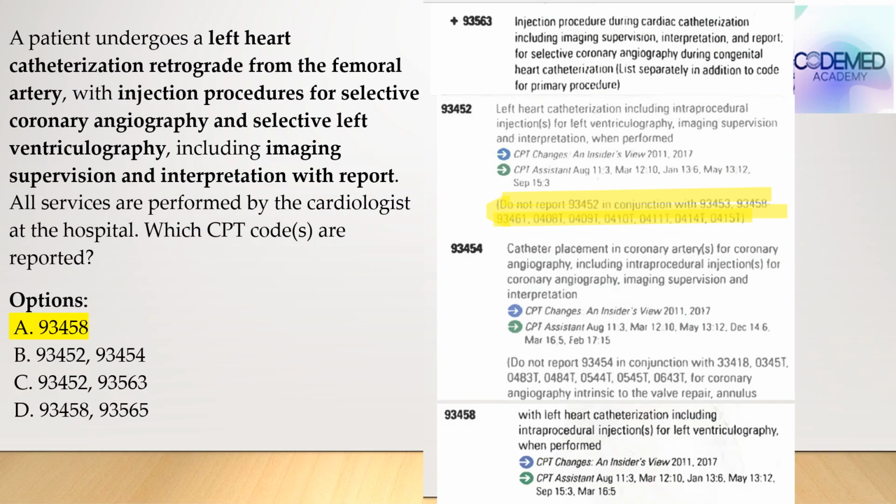Yes, A is the correct option because 93458 is an indented code. While reading the code: catheter placement in coronary artery for coronary angiography, including intraprocedural injection for coronary angiography, imaging supervision and interpretation, with left heart catheterization, including intraprocedural injection for left ventriculography when performed. That's why this is the correct answer.